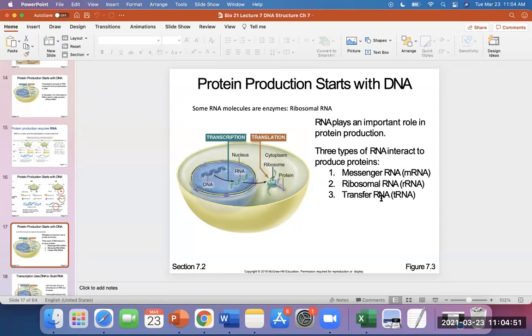Yes, so messenger RNA, as it's in the name, takes the message from DNA, converts it into RNA, and brings the message outside. You have the information to make the protein. This is where the protein is being made, in the rRNA, so it's an enzyme. And then you have the tRNA. tRNA is going to transfer the correct amino acid to the codon.